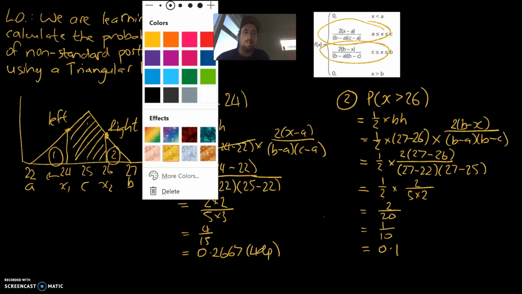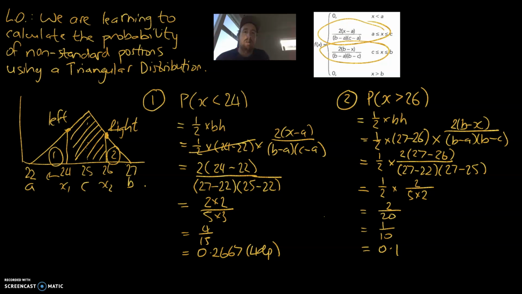Just going to change pen colors here to finish it off for today. We found the probability of triangle 1 and the probability of triangle 2. We now need to find the probability of it being between 24 and 26. That is 1 minus the probability of the first triangle minus the probability of the second triangle.